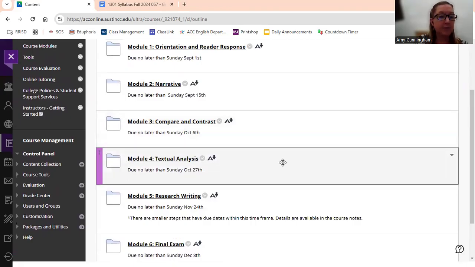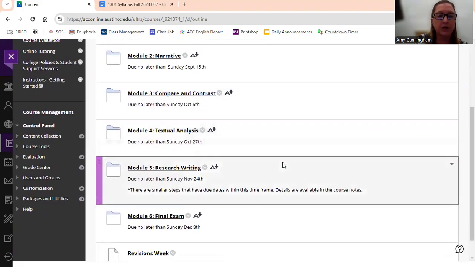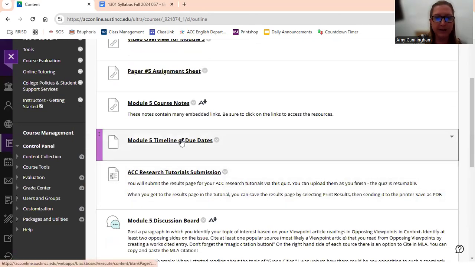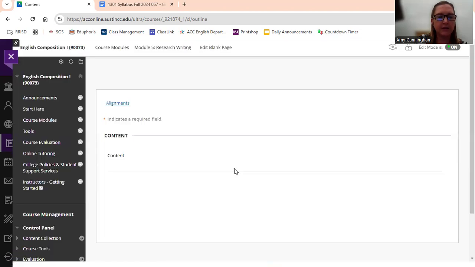However, I heard what people were talking about and what the textbook said in the FLC about added structure actually being a positive. And so in my research module, I instituted that practice of every week of the module, there is a structured due date. So you can see here, I've added this module 5 timeline of due dates.